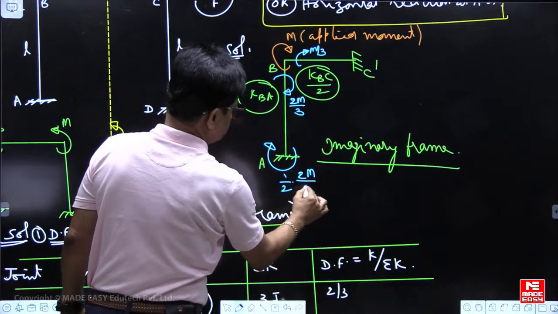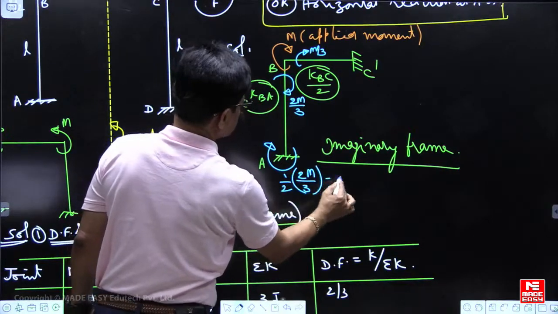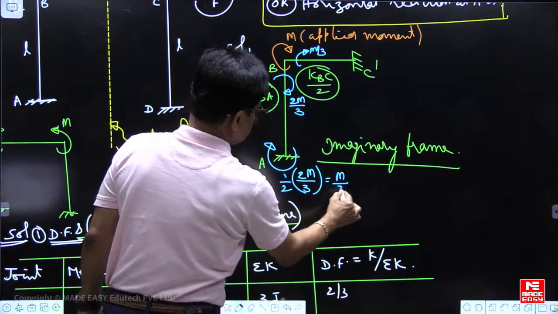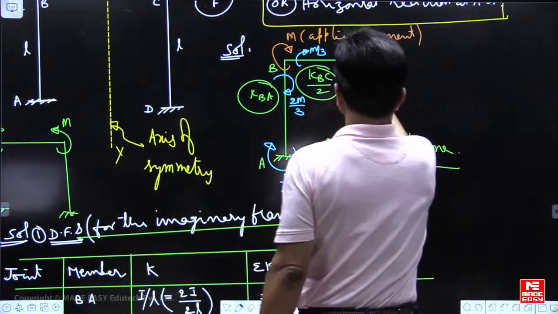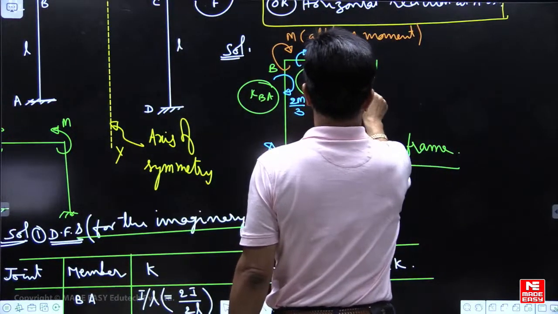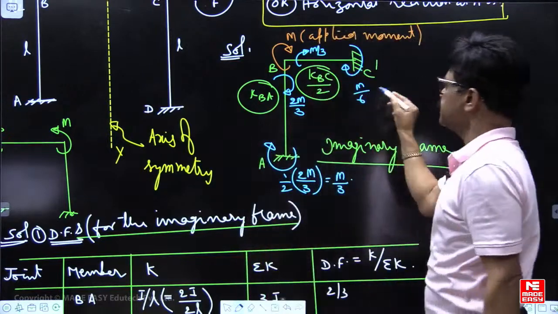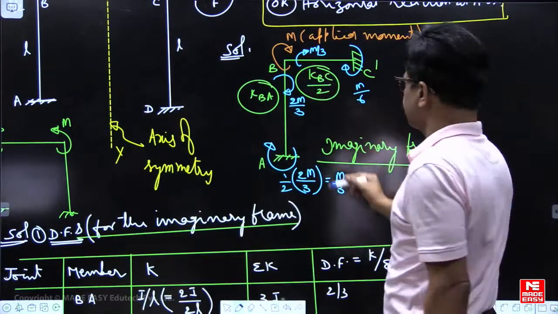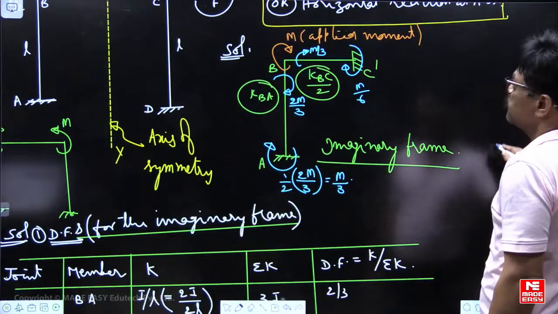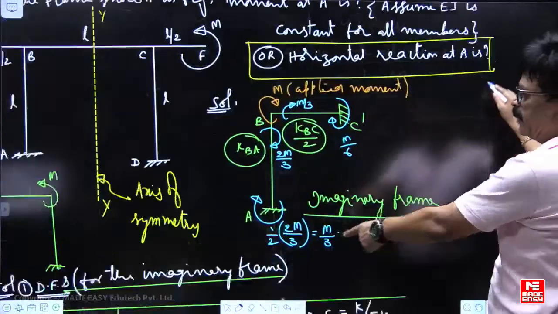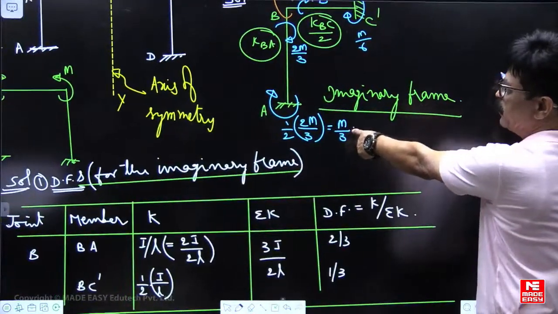Half of 2M by 3, that means it will become M by 3. Here it will become half of this, M by 6. He is asking what is the moment at A? Simply M by 3 we can write.